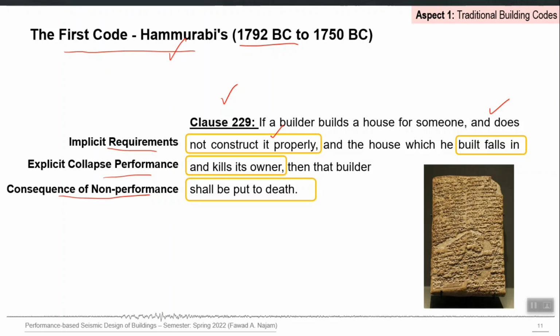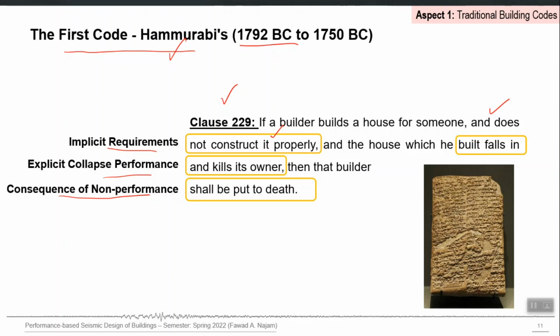Instead, it simply tells us what is desired and what will happen if you do not follow that, right? This is a classical example of how a performance oriented building code looks. It mentions what is required no matter how you actually do it, and it explicitly tells us what will happen if you do not comply, right?